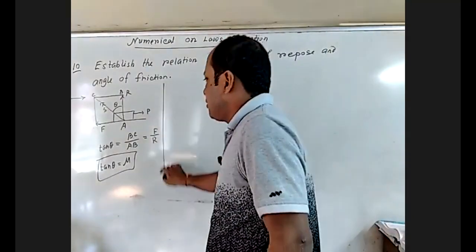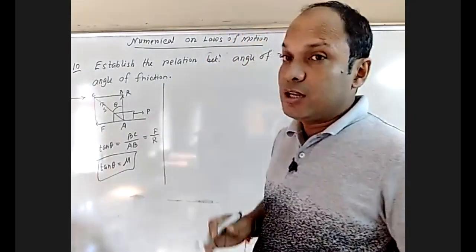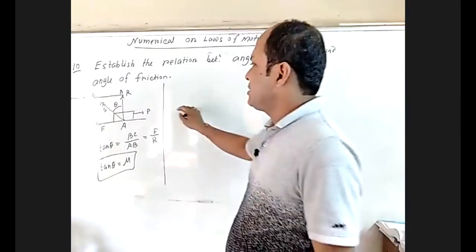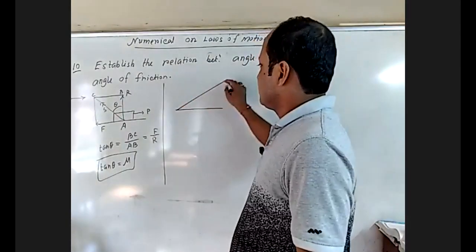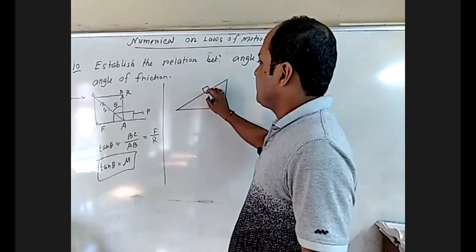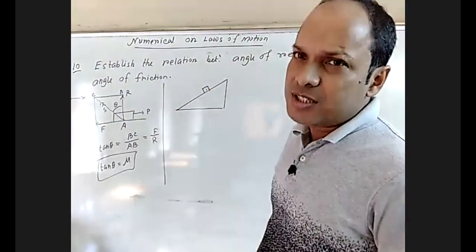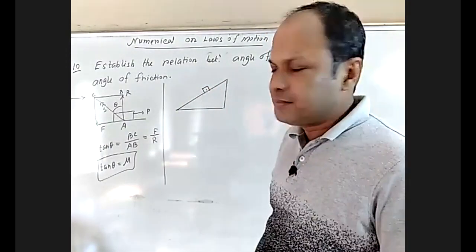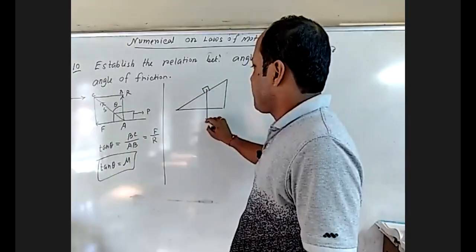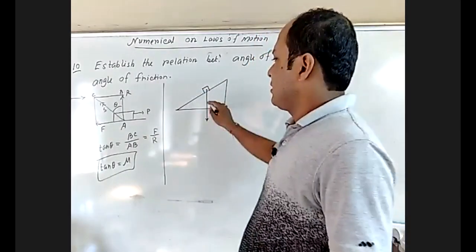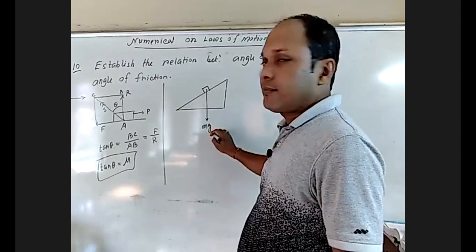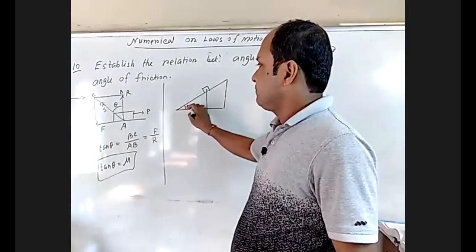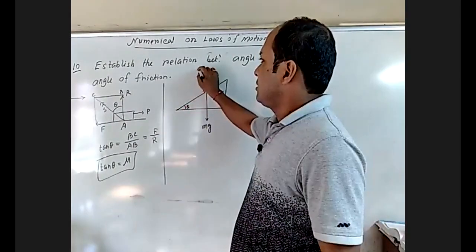Now let us discuss the angle of repose. What is that? If an object is lying here and is yet to slide, this is the weight. If this is theta, this is the normal reaction.